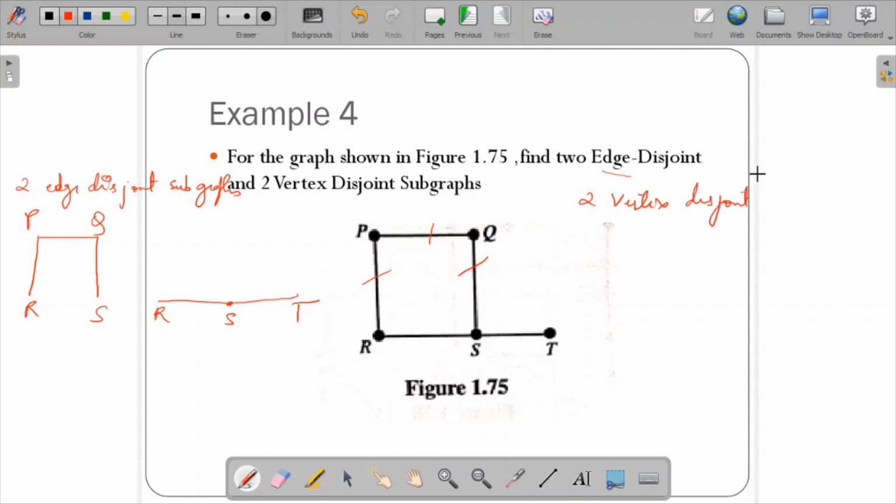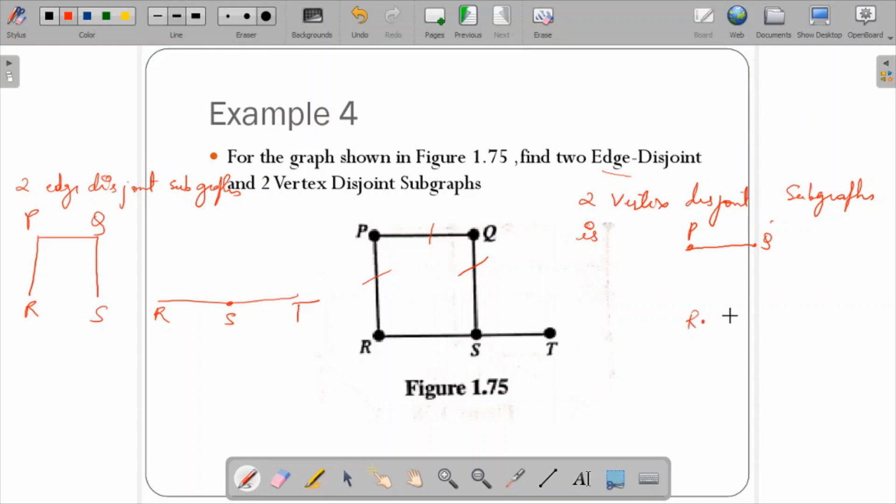For two vertex disjoint subgraphs, I'll draw over here. There should not be any vertex common as well as edge common. So I can take this P to Q, and another one I can take RST, because I don't want any vertex to be common.